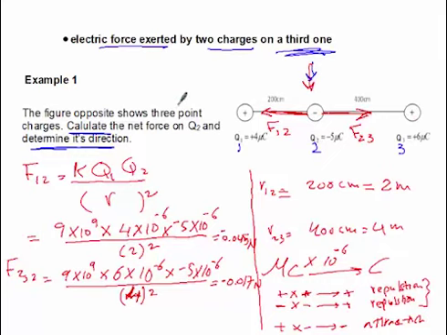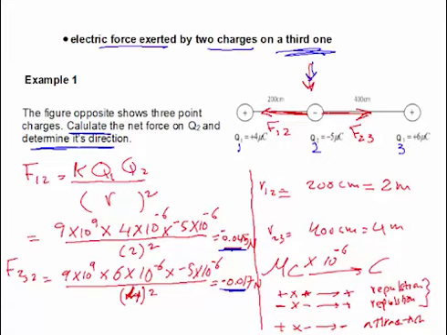So what you are going to do is just subtract one force from the other, and the direction will be towards the largest value. So you have here one force. Consider the value without the negative sign. And this is the other force.